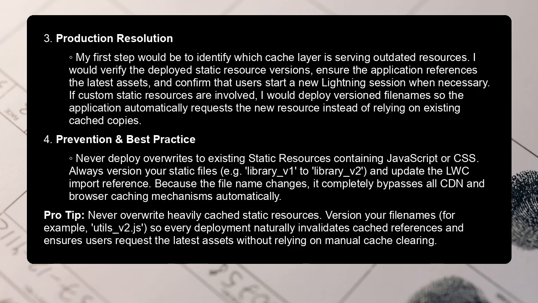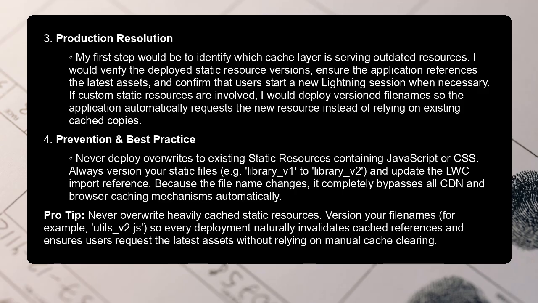4. Prevention and best practice. Never deploy overwrites to existing static resources containing JavaScript or CSS. Always version your static files, for example library_v1 to library_v2, and update the LWC import reference.